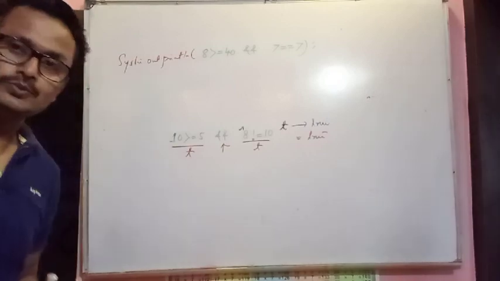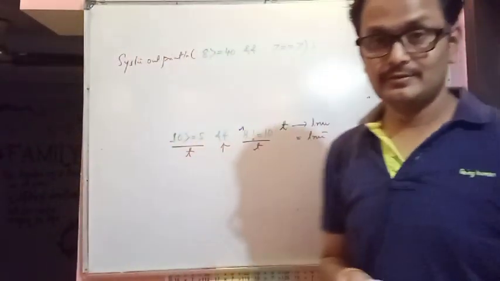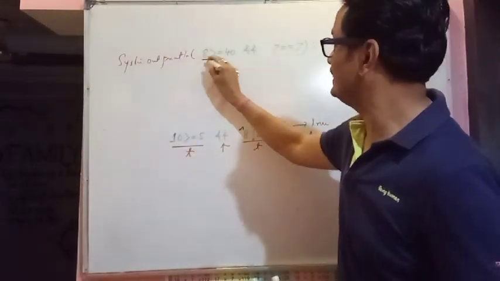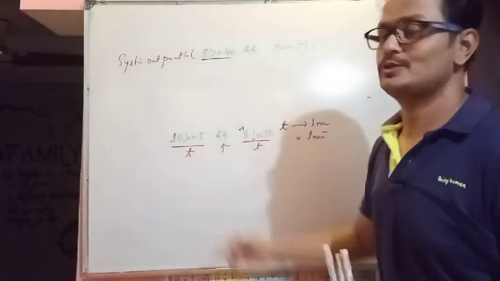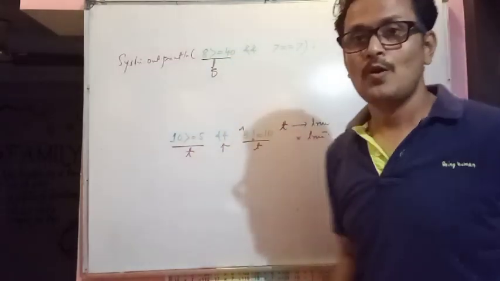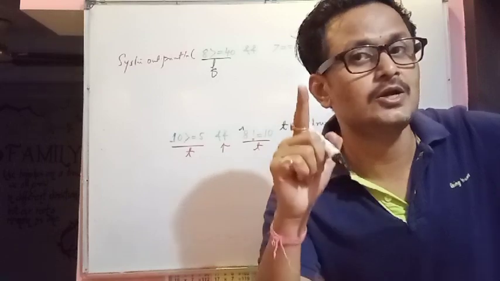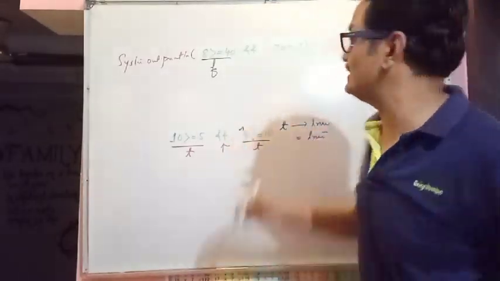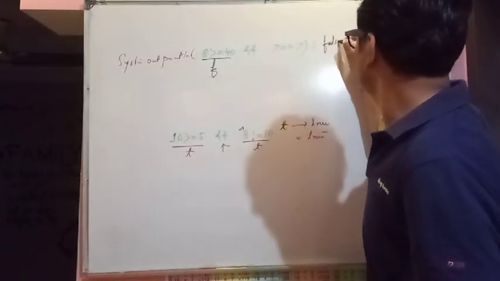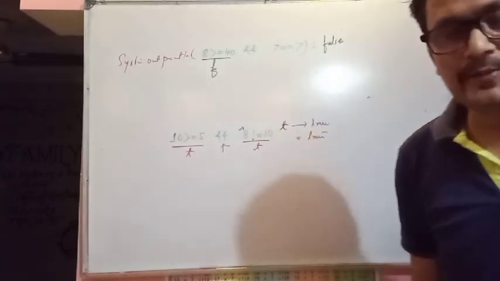Now children, use this one. Just say the first condition. Is this condition true or false? This condition is false. When this condition is false, it will not check another one. What answer will you get? Directly it will return false. Are you getting my point?